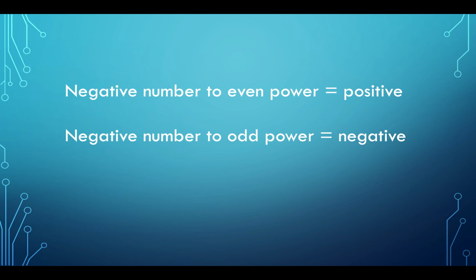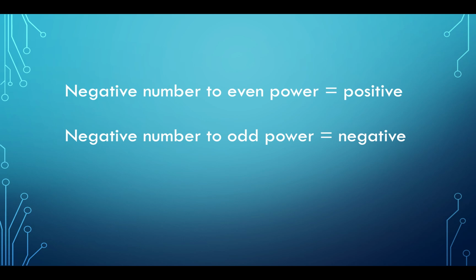I'm going to leave you guys off with this. A negative number to an even exponent, or an even power, is going to end up becoming positive. Think about it this way: if you had negative 2 squared, negative 2 times negative 2 gives you positive 4. Anytime you have a negative number to an odd power, it's going to be negative.